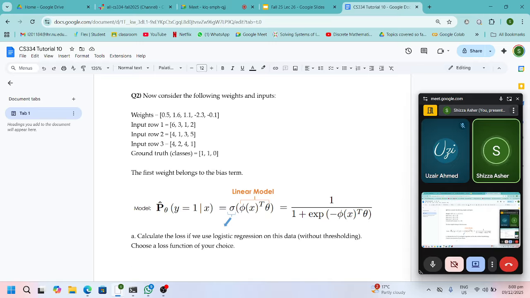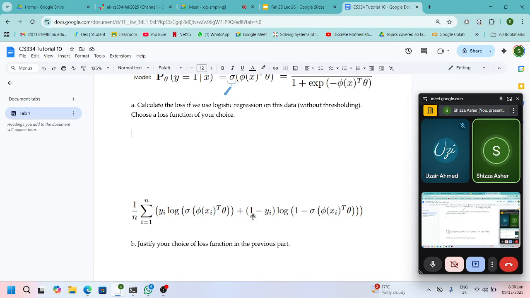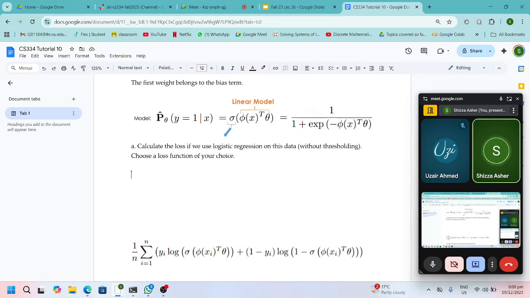And you're gonna choose a loss function of your choice. So for your information, I am gonna tell you कि this is what you will be using. जो आपको ये वाला loss function given है, this is for your cross entropy loss.